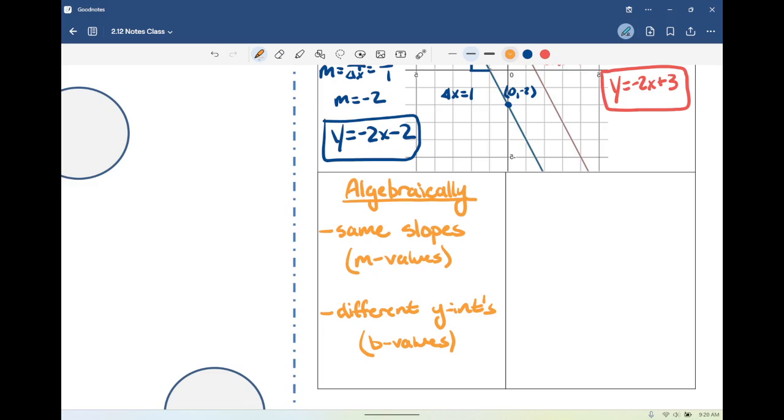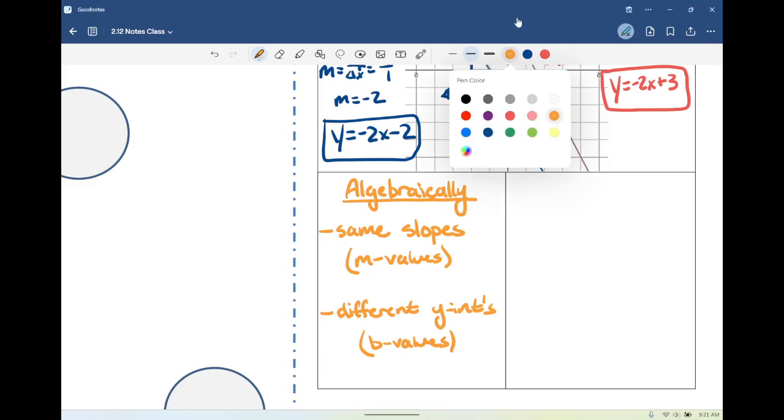Say what you said, louder, because it's right. They would be exactly the same line, right? If you have the same slope and the same y-intercept, well, you're just retracing the same line. And so it's so important that they have different y-intercepts, because otherwise you actually only have one line.